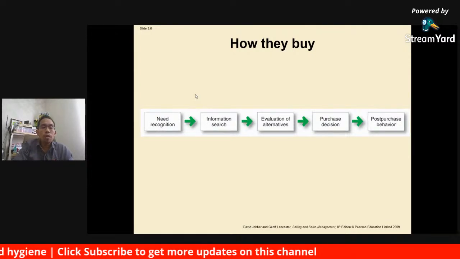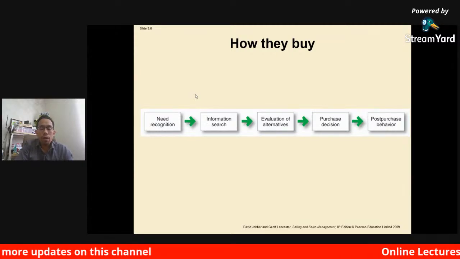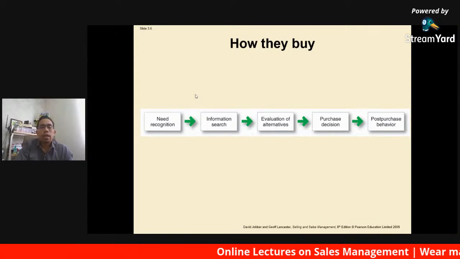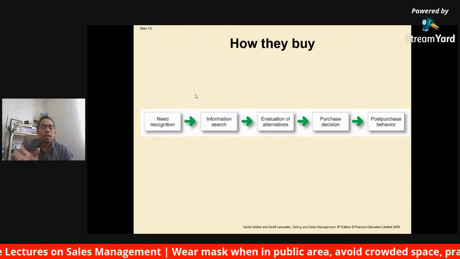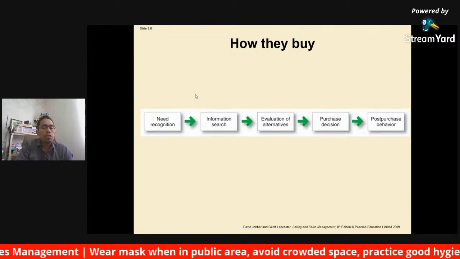If you want to try something new, people will go somewhere and ask for information. They list down everything in terms of alternatives, then they decide whether they want to purchase or not.